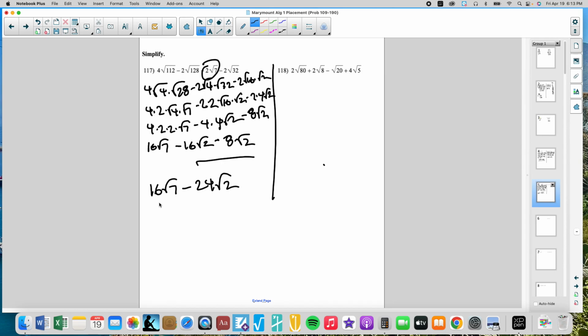So, yeah, sorry, I skipped that. So let's combine that. Let's see what that is. That's a negative 2. So negative 2 rad 7 is going to give us a total of 14 rad 7 minus 24 rad 2. That is the correct answer.